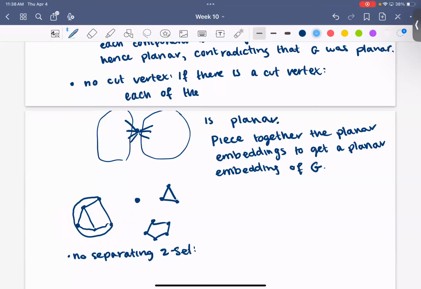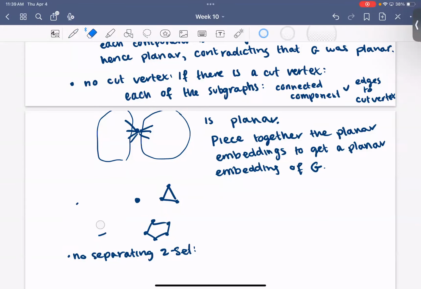Each of the subgraphs, which look like a connected component together with the central vertex and edges to the cut vertex. Okay, so this situation that I drew here is not possible.